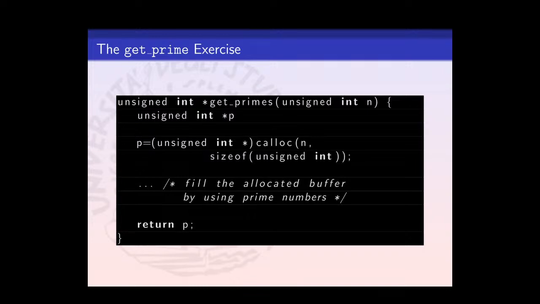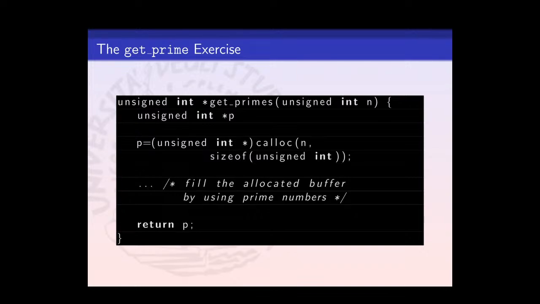Okay? Remember, the calloc function returns a pointer whose type is void star. So, since we want to deal with integer values and not void values, we need somehow to tell our program that we want to deal with integer values.